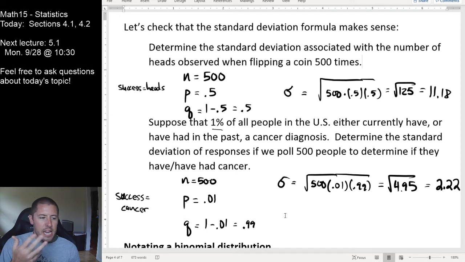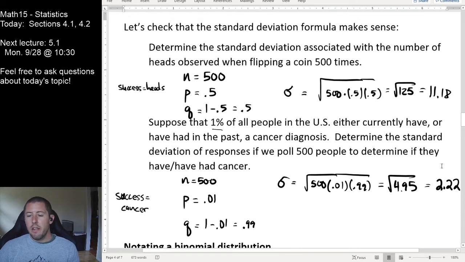There's not a lot of deviation in your responses. You're pretty much just expecting to see almost everybody say no. There's only a small couple rare people that are going to say yes. That's your sort of deviation from the normal response. So here we're seeing much, much, much smaller standard deviation because our responses don't vary as much.